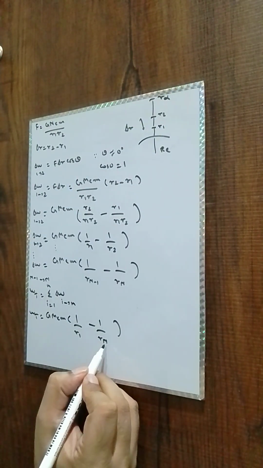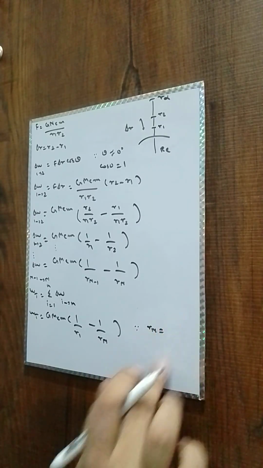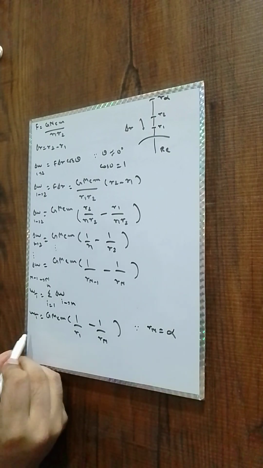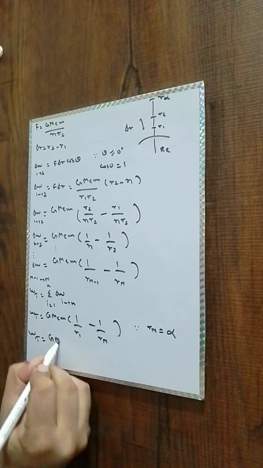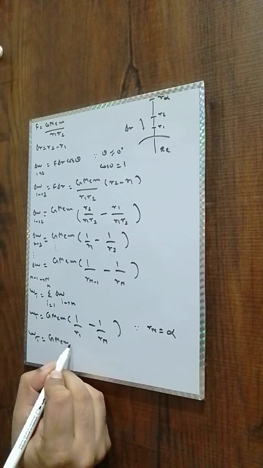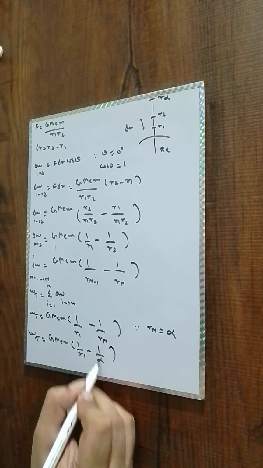and if the last point is far away, we can put it as Rn is equal to R infinity, yes. So the total work would be, in this case, G Me m into 1 by R1 minus 1 by infinity, which is 0.